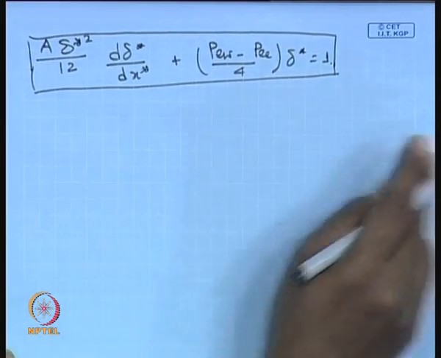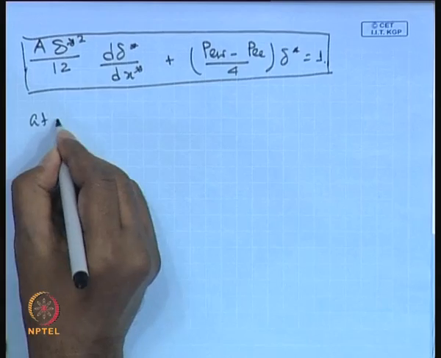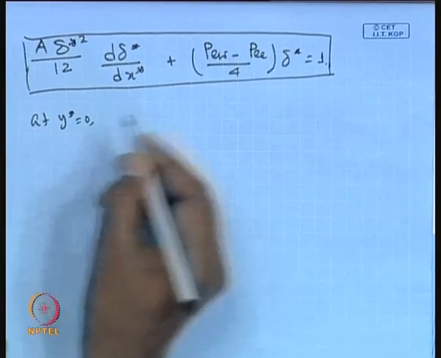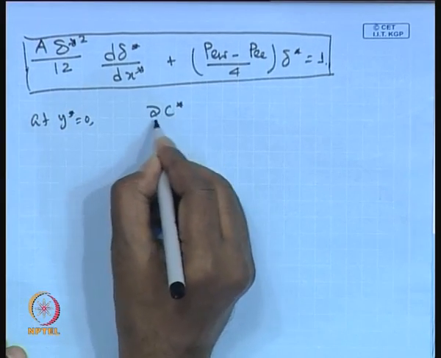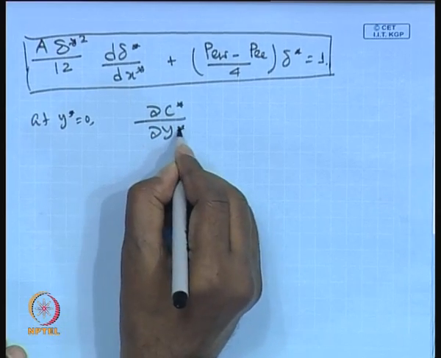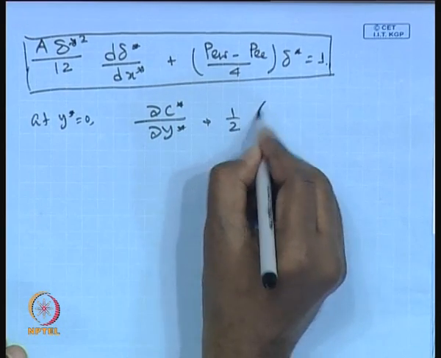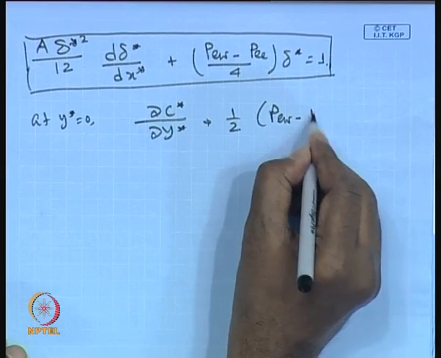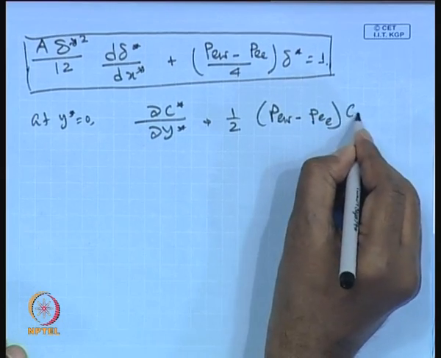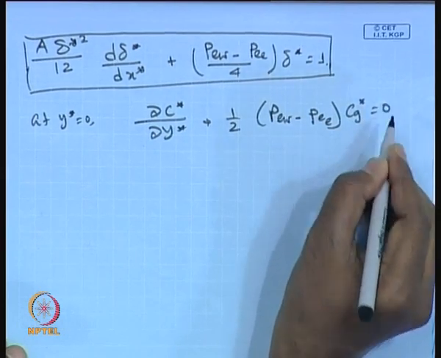Now, if you remember the boundary condition you had at y star is equal to 0, it was del c star del y star plus half P w minus P e e times C g star is equal to 0.